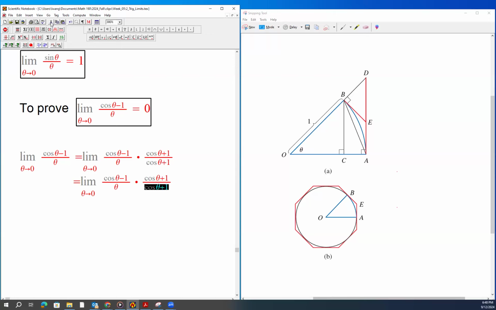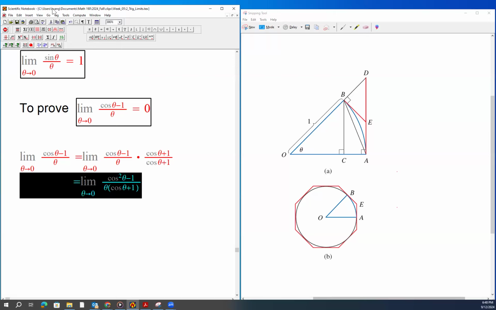Denominator times denominator, so this left is 1. Numerator times numerator, so now we know that this is going to be cosine squared theta subtract 1 squared. 1 squared is still 1, so we can remove this.